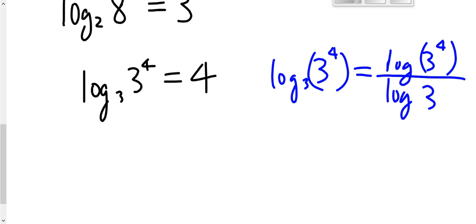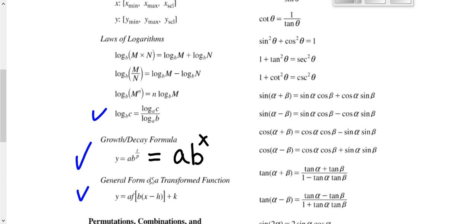And if you want to be specific, you can say log base 10, which follows the same format of what you see on the formula sheet here. Log of this divided by log of that, and then base 10 for all of them.